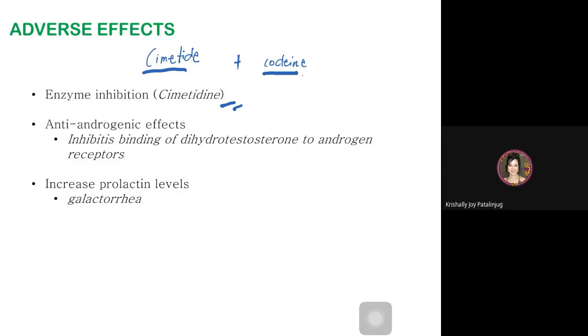So, for codeine, si codeine kasi prodrug pa siya ng isang standard analgesic. Prodrug ni siya of morphine. Morphine is a standard analgesic, di ba? It is an opioid analgesic. And morphine is a much more active analgesic, the much more active metabolite ng codeine.